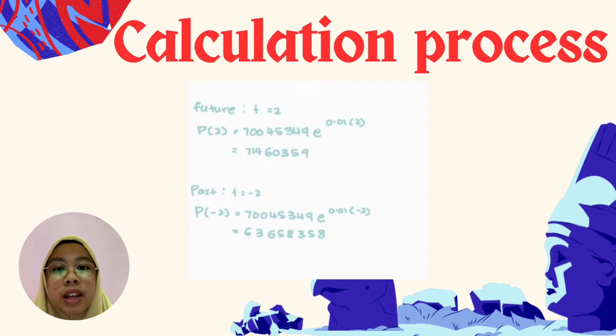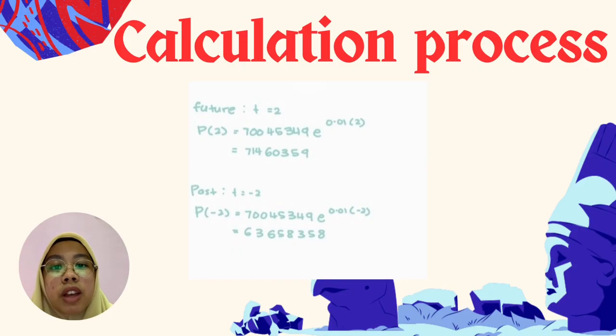Next, I use this model to predict the future and the past population value. For the future value, I choose t equals 2. When I substitute it, I get P equals 71,460,359.